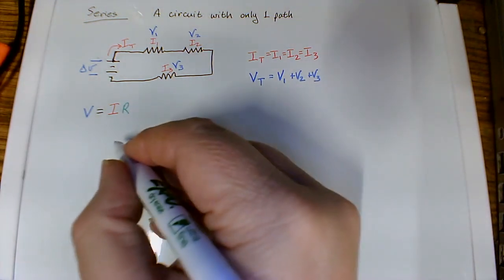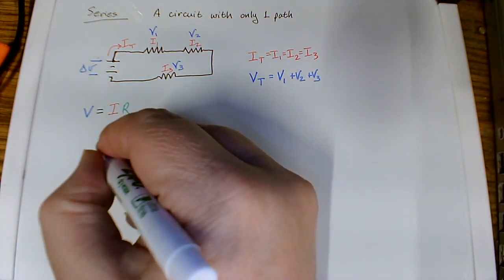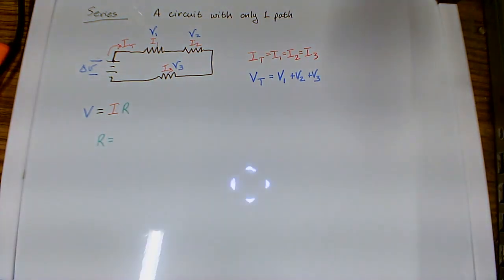So we're going to do a little bit of math here. To get the resistance, what we're going to look at is the voltage divided by the current.